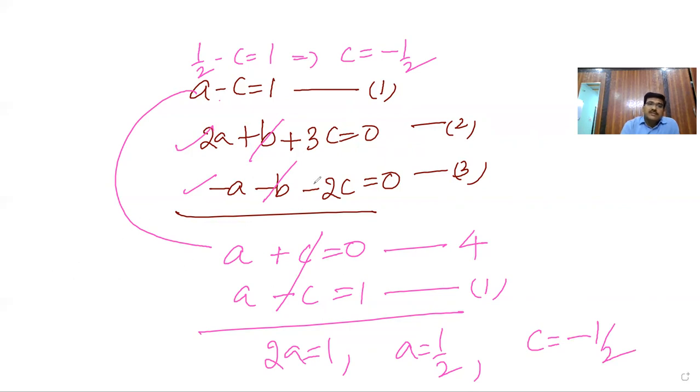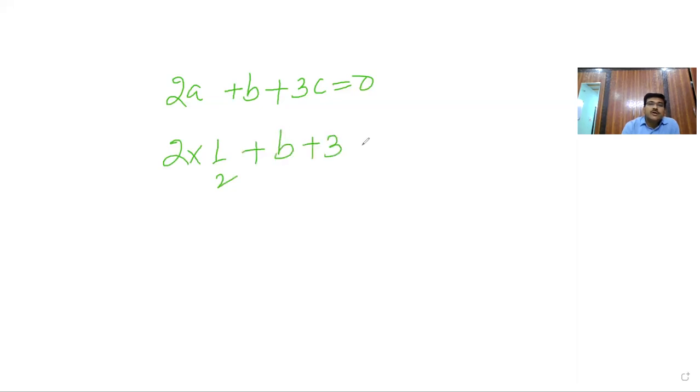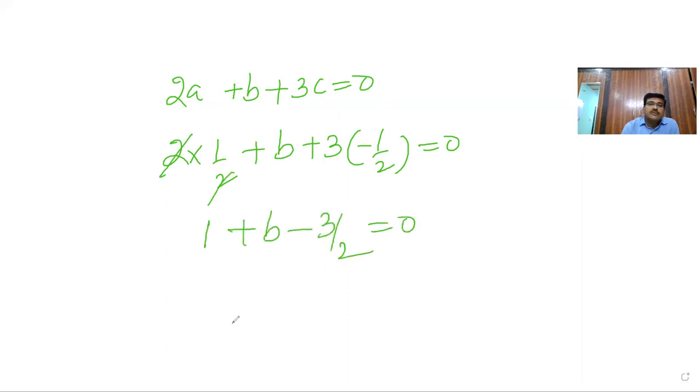If I substitute in any one of the second or third equation, the B value will come. Now I am substituting in the second equation. Second equation is 2A plus B plus 3C is equal to 0. A value is half, B value we don't know, C value is minus half. So this becomes 1 plus B minus 3 by 2 is equal to 0.